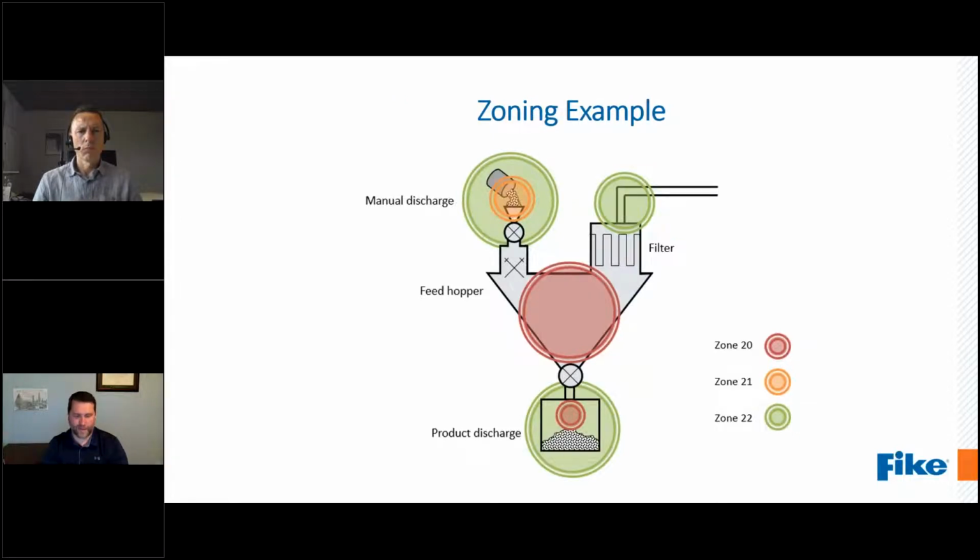Now what I've got here is a zoning example, and this is a powder handling operation. So you've got manual powder dumping from a small container to a small feed hopper at the top. In that little small space, it's a zone 21, right? Right around the top of that filler and in that container, because a little bit of dust is going to be generated in that area, but it's going to be very localized.